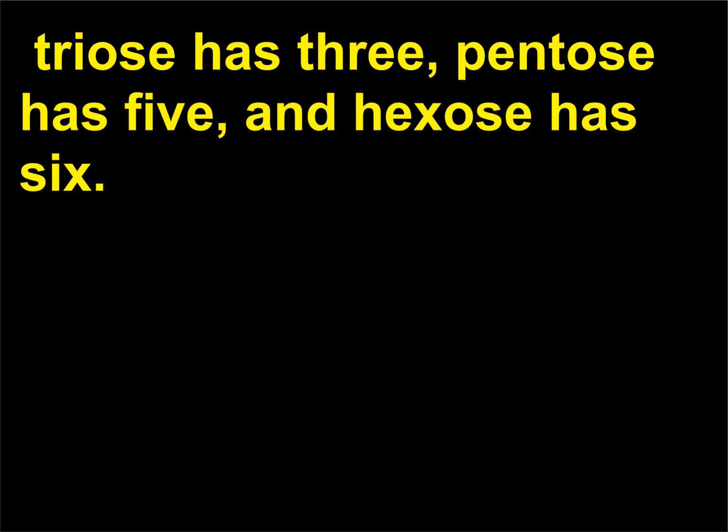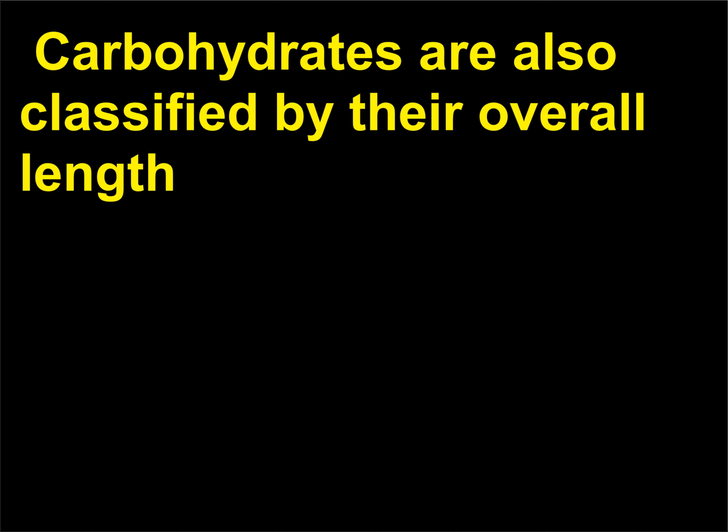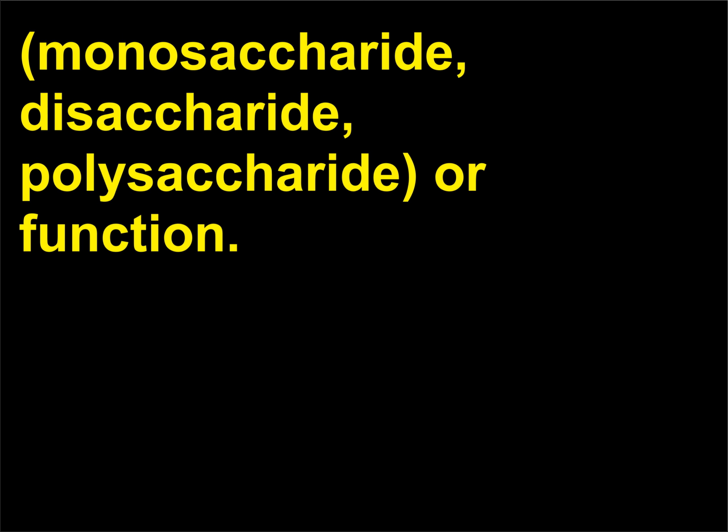Triose has 3, pentose has 5, and hexose has 6. Carbohydrates are also classified by their overall length: monosaccharide, disaccharide, polysaccharide, or function.